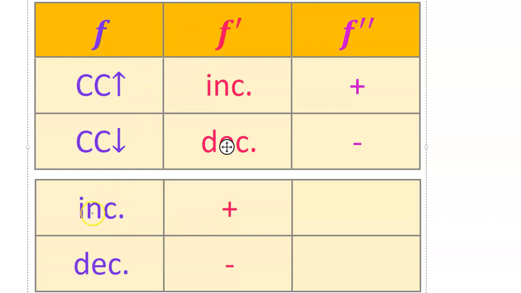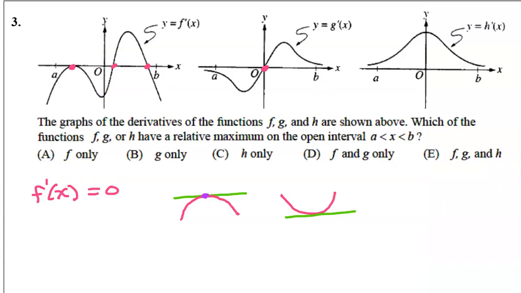If the function is increasing, then f prime should be positive. If the function is decreasing, f prime should be negative. So for a relative maximum, the function goes from increasing to decreasing. That means that f prime should go from positive to negative.